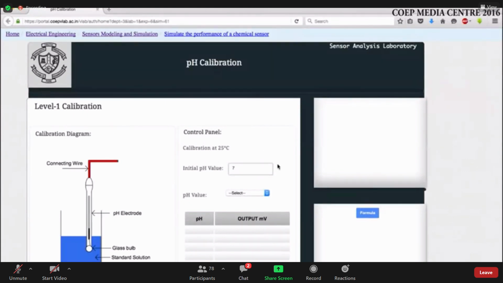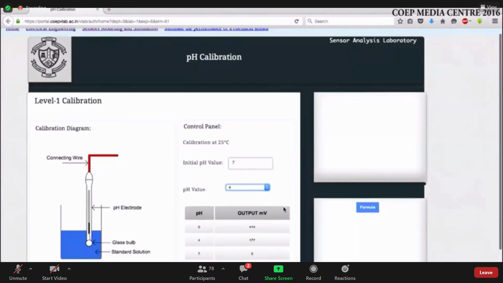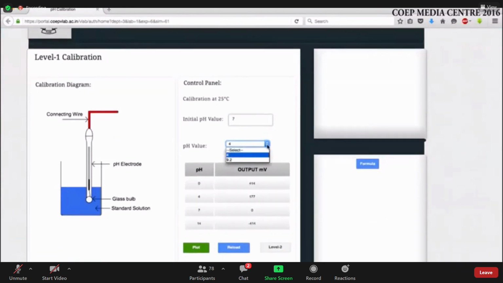For pH electrode, there is 2-point calibration wherein the pH value is 4 and 9.2. Standard solutions are given. So if you immerse the pH electrode into pH 4, you will get this output. 4 is 177 millivolt. And if you immerse the pH electrode into 9.2, minus 130 millivolt would be generated.